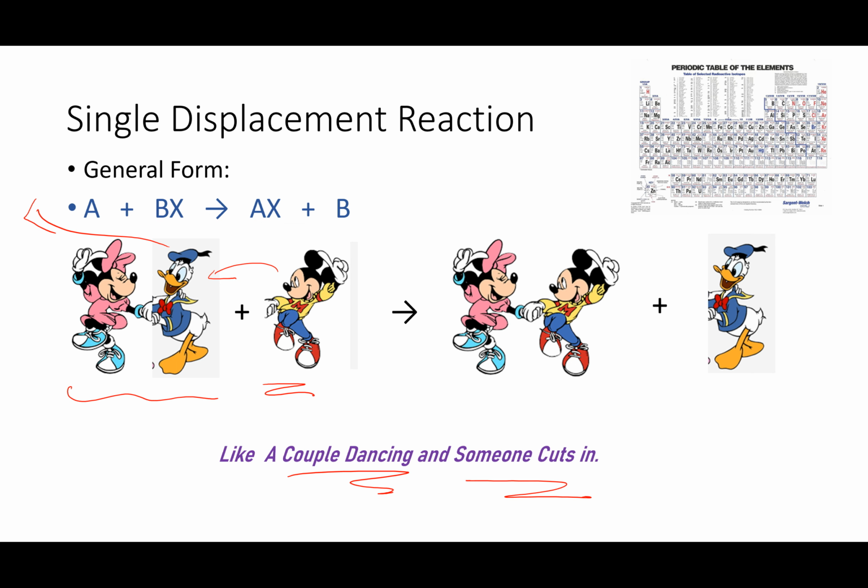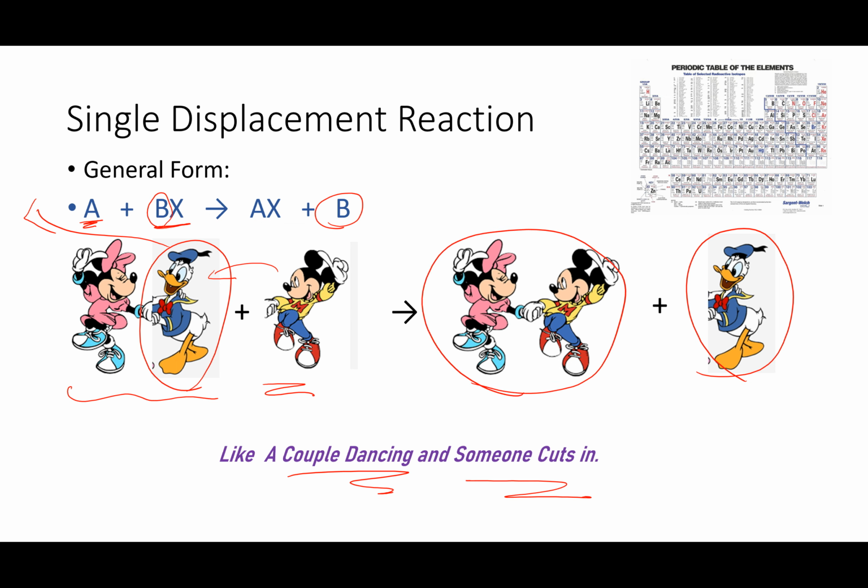So you've got a single element, a compound of two things together, and afterwards the thing that was previously bonded is now alone. So Donald was bonded as part of a compound. He is now alone, and you have a new compound that's produced.